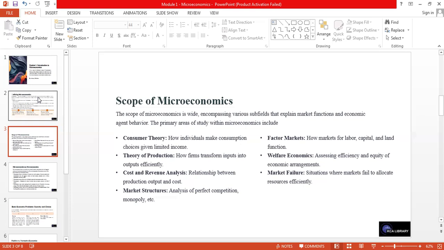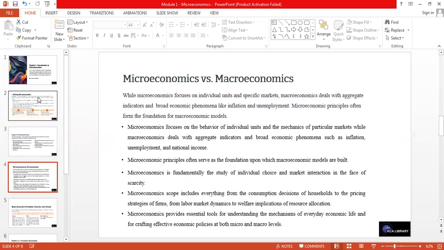We also have welfare economics as a scope of microeconomics, which deals with assessing the efficiency and equity of economic arrangements. And lastly, we have the aspect of market failure, which is a situation where the market fails to allocate resources efficiently. This is what we will be looking into in topics coming in the subsequent modules.